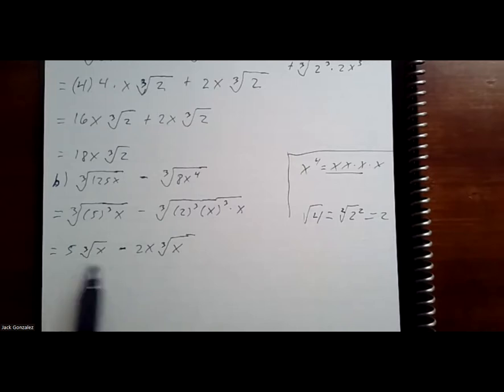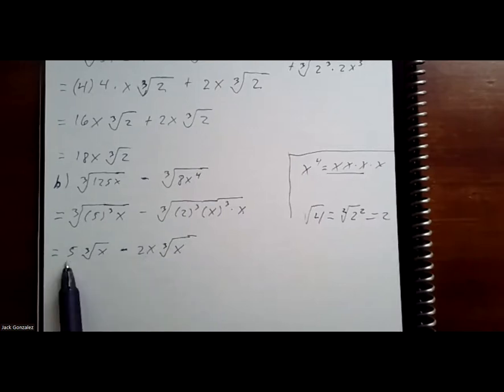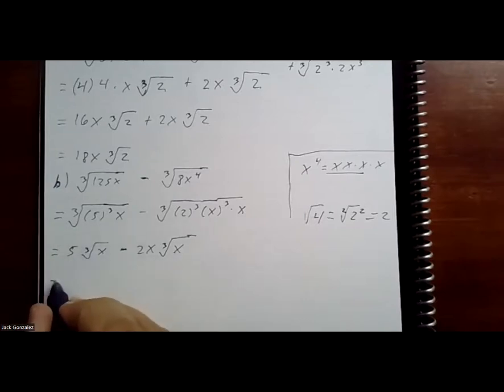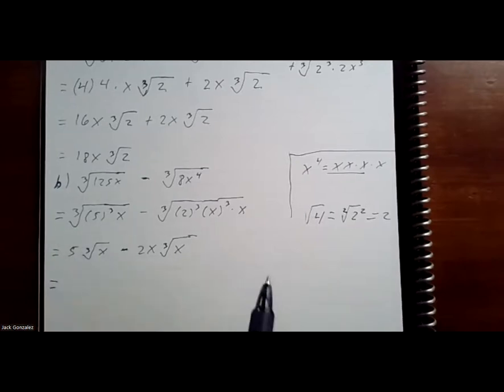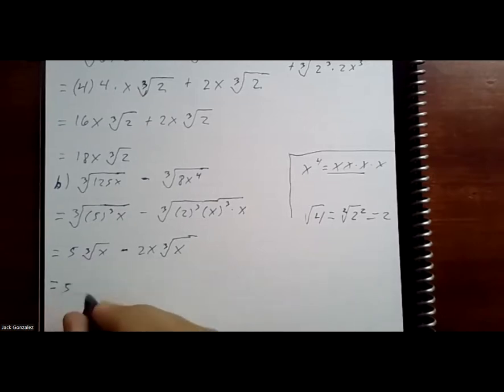So at this point, they have the same root, right? So you can combine them, but these are not the same term. So you can think of this in two different ways. You can think of it as a factorization, or I'm just adding two things.